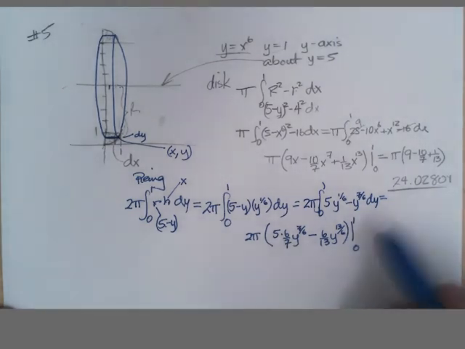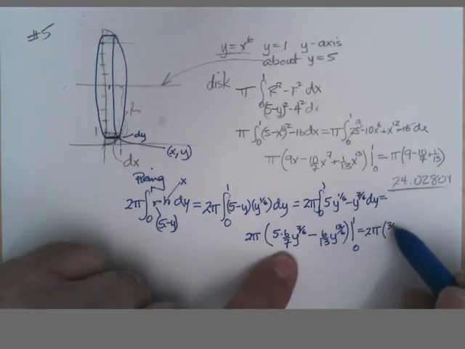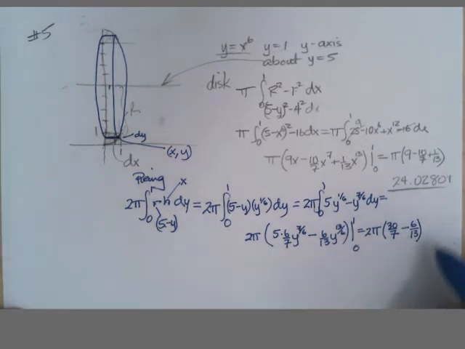If I put 1 in here, I get 2 pi times 30/7 minus, put 1 in here, 6/13. Put in 0, I get 0.